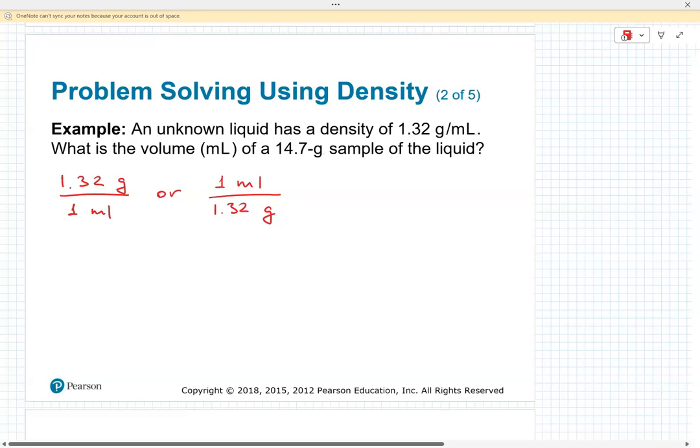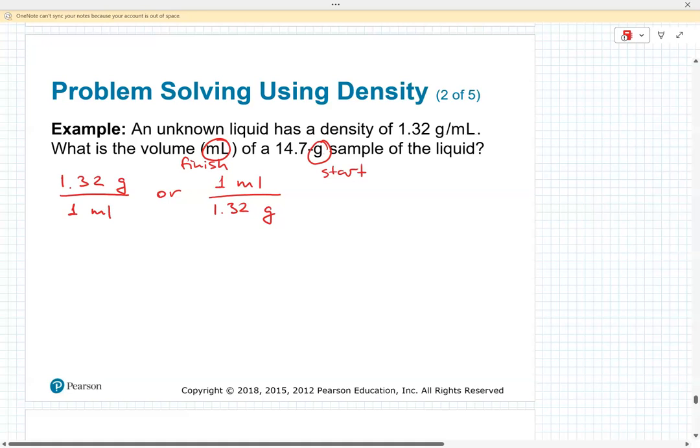Now, what is the starting unit that we're working with? No. Remember, 1.32 is a conversion factor. We need one single unit, and we have it here. That's grams. Right? That's the start. That's the finish.